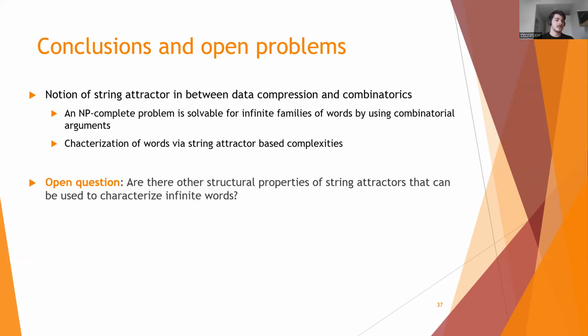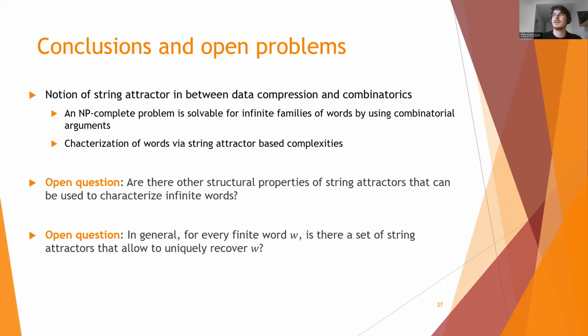So here we have some open questions left. Are there other structural properties of string attractors that can be used to characterize infinite words? They can be different from the leftmost or the span complexity, but we can also find new characterizations with respect to how this function grows, for instance.